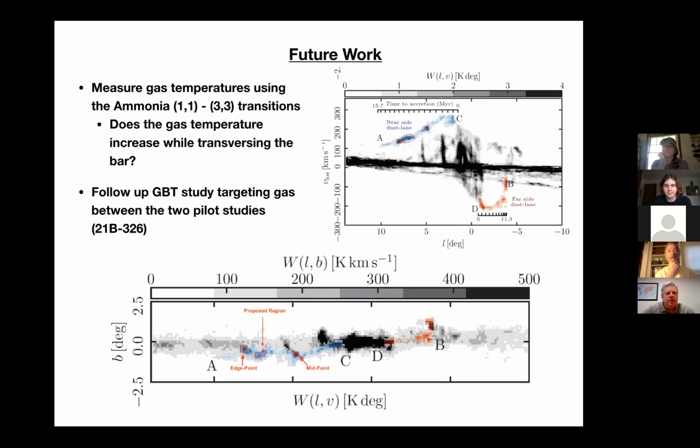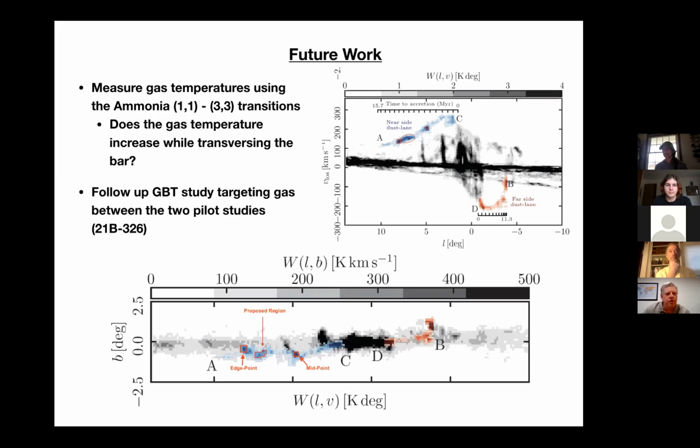So are you planning to use the various ammonia lines to get a temperature profile, so you would be able to pull out the non-thermal parts in the very center of the bar versus the outside? That might tell you some of the dynamics going on. Yeah, that is the goal, to fit the lower ammonia transitions. However, if you only have 3 data points in your Boltzmann plots, then your error bars are much higher.